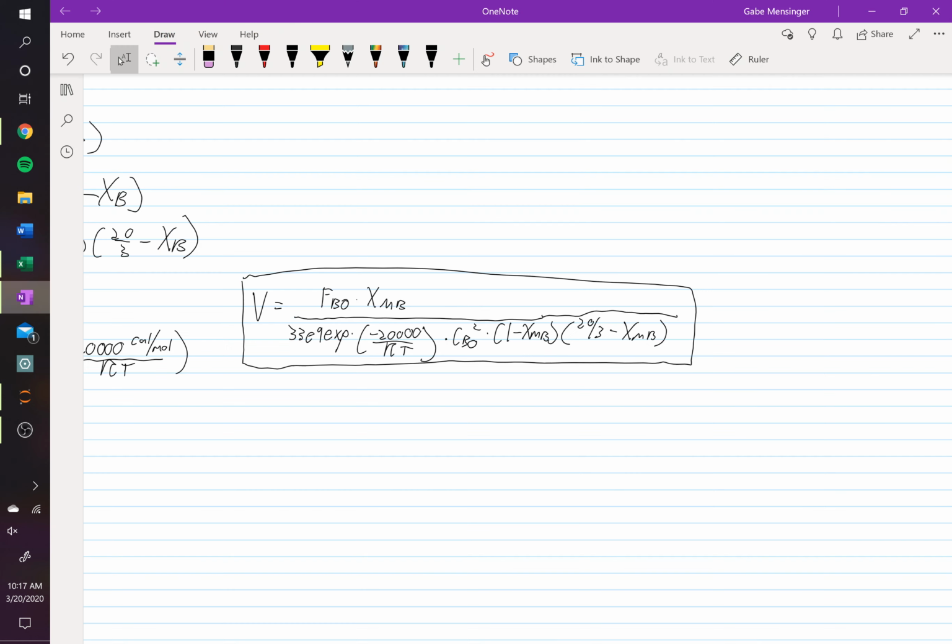And then remember that fsolve is going to solve for whatever unknown I have, in this case XMB, such that my left-hand side and my right-hand side are equal, or that V minus this whole thing is going to be equal to 0.